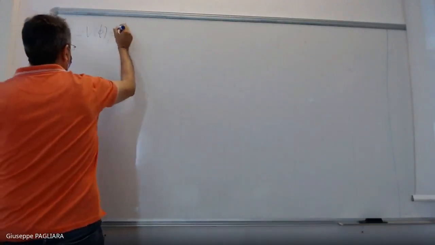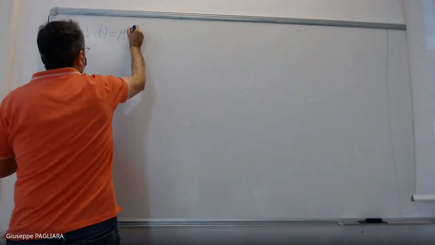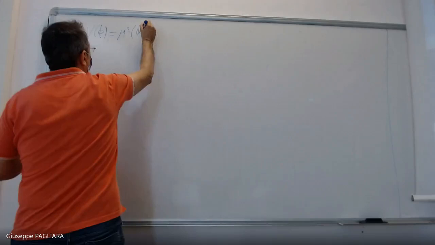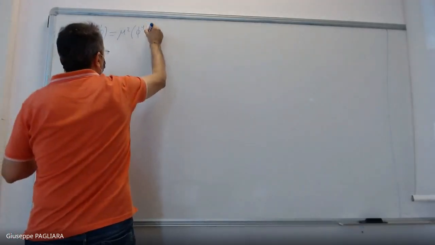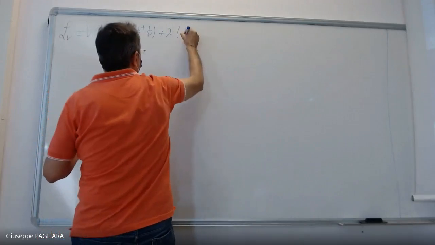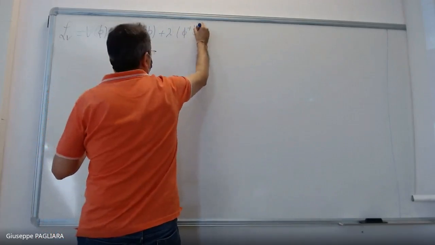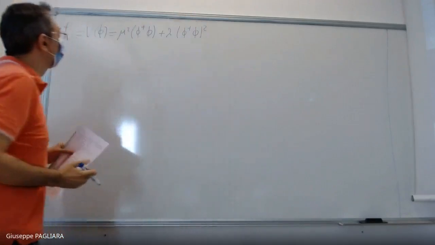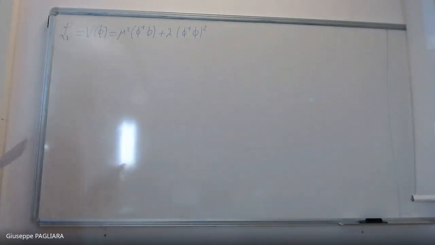So this is in general mu squared Φ†Φ plus lambda (Φ†Φ)². So this is our potential energy term in the Lagrangian.